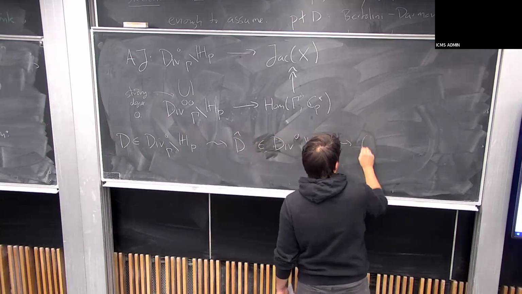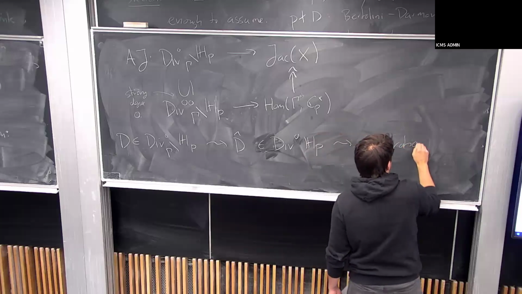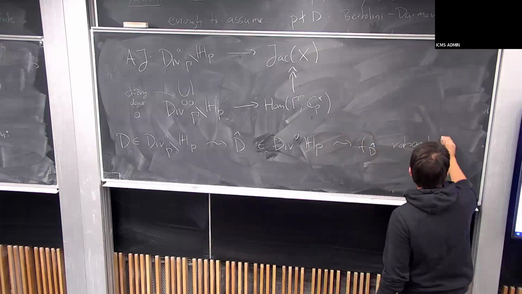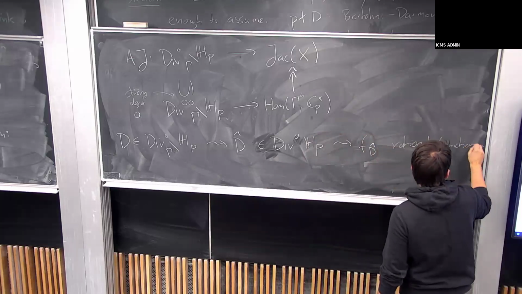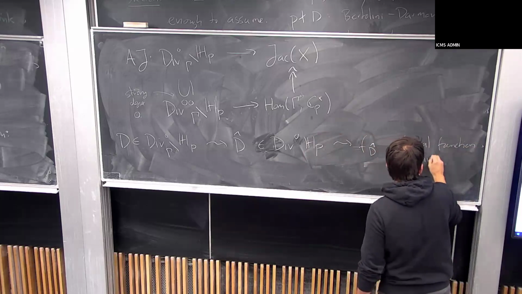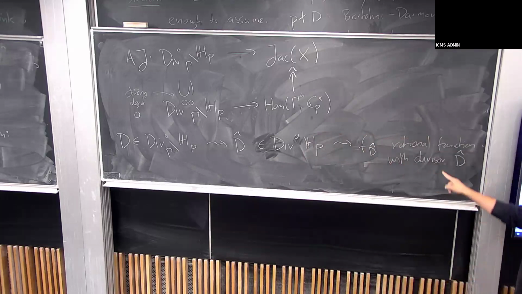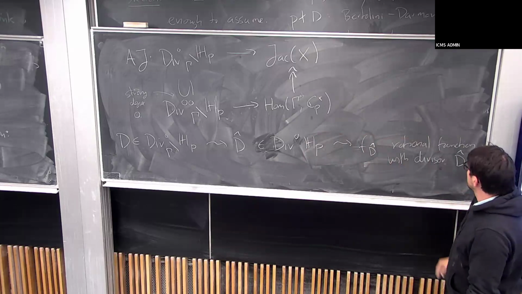And then you consider f hat, which is a rational function on P1, or on our conic, which is isomorphic to P1, with divisor D hat. Again, there are choices involved, but this is unique up to a constant.